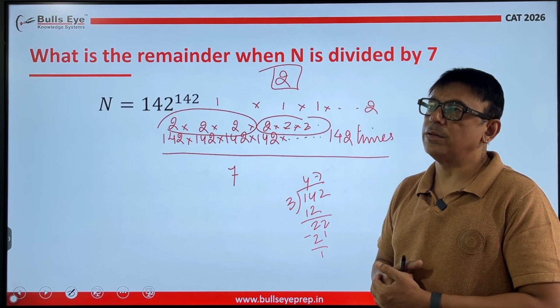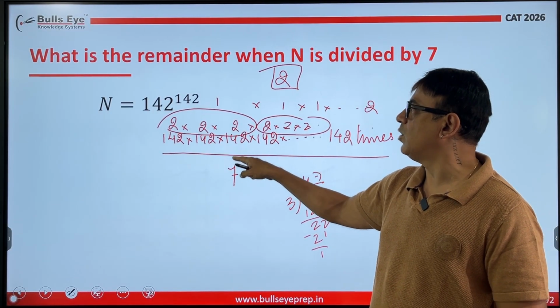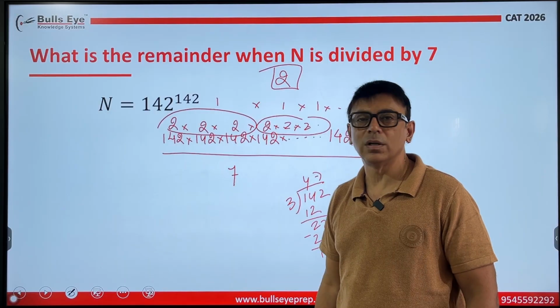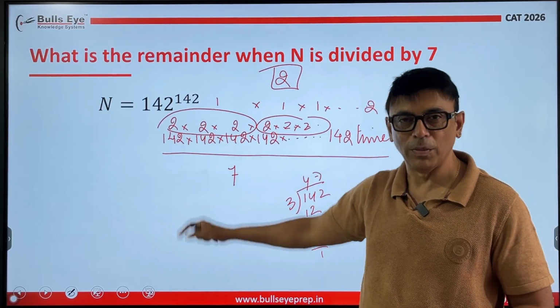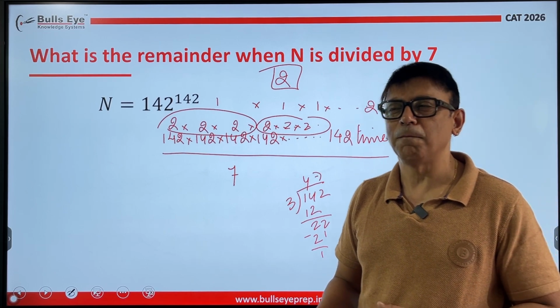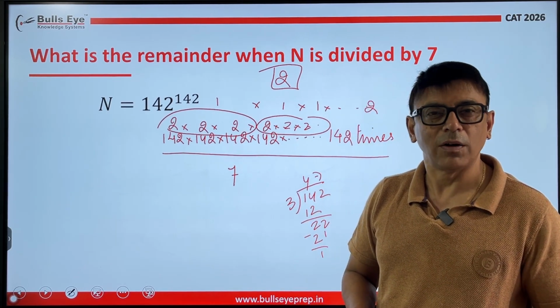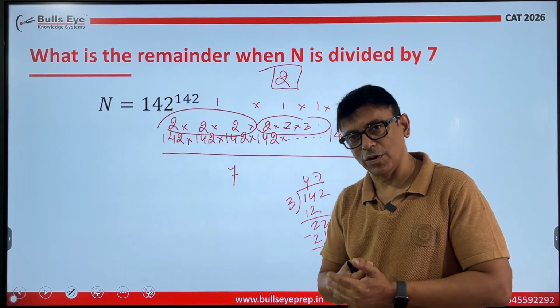What Euler's theorem says is, if the denominator, which is 7, is co-prime with the given number, that is the numerator, 142 and 7, there are no common factors. 7 itself is a prime number, so it cannot have a common factor with any other number. It will be co-prime for sure.